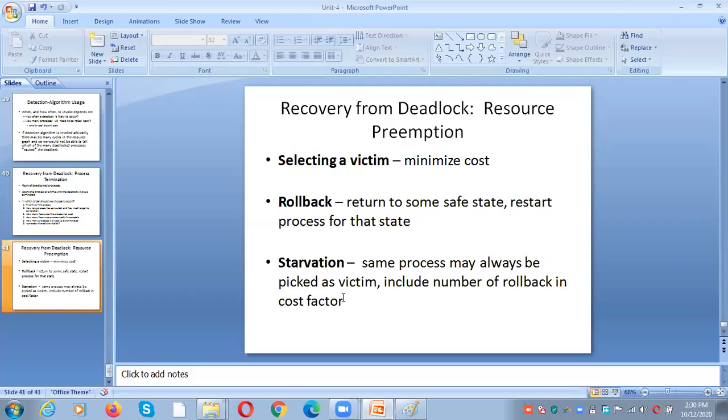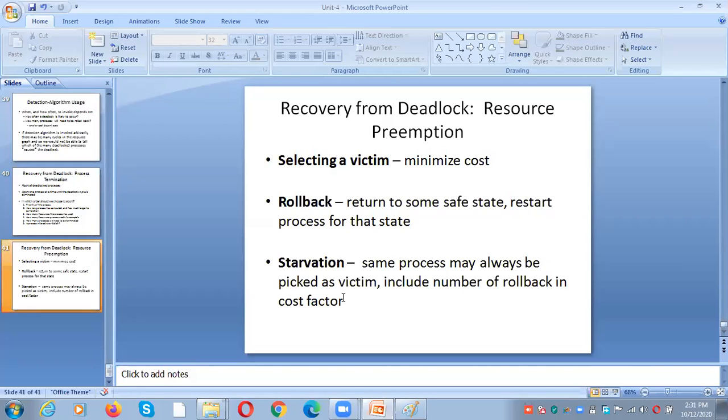So you should not select the same process again and again. For that purpose, you need to increase the priority of that particular process based upon aging, that is, how old the process is. As the process gets older, automatically its priority will be increased, so that at one time the low priority process will become a high priority process. Then it will have a chance to complete the task.